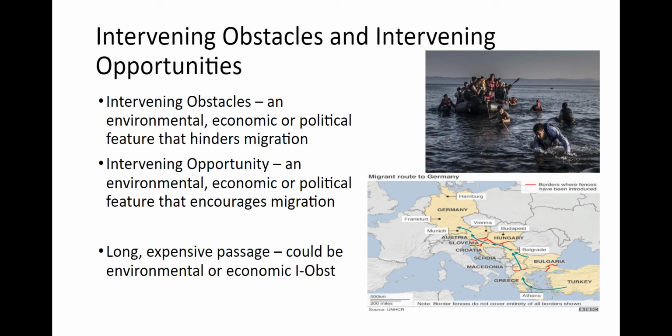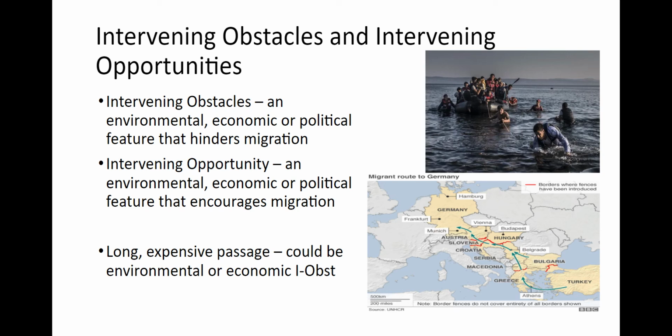If you think about U.S. migration before the railroad and the automobile, oftentimes mountains served as a big environmental intervening obstacle, or in a modern day sense, the migration between Africa and Syria and the Syrian migrant route. Oftentimes the Mediterranean Sea is an intervening obstacle in both of those migrations.